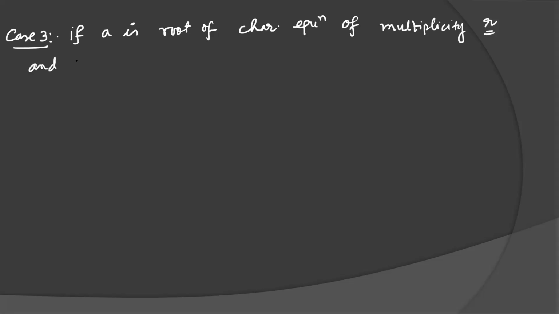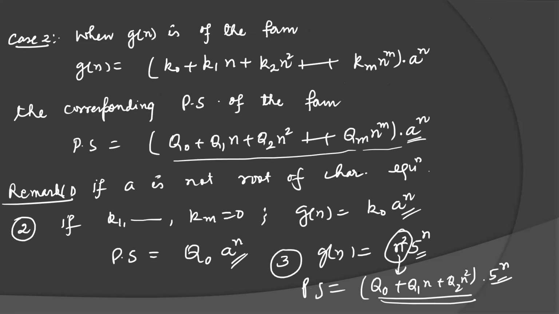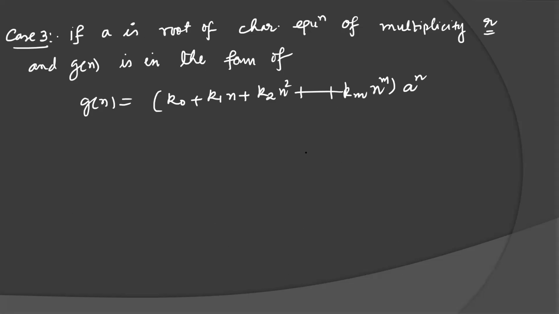And Gn is given as K0 plus K1 n plus K2 n square plus ... plus Km n to the power m, times a to the power n. Same as case 2; the only difference is that in case 2, a is not a root of the characteristic equation. Here a is the root of the characteristic equation.